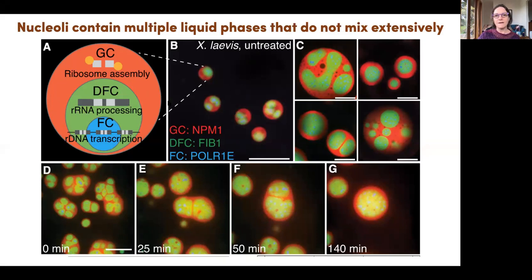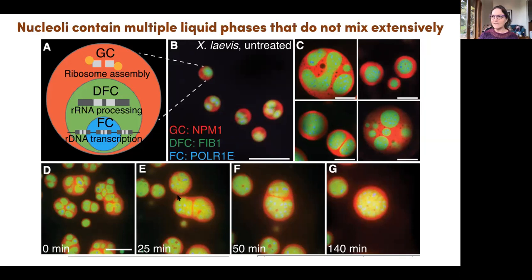There are multiple liquid phases within the nucleolus, and this paper just talks about the fact that they correspond to these regions that were previously identified based on their appearance by electron microscopy: the granular component and the dense fibrillar component. Different functions are known to be associated with different proteins, and we can see that they are physically compartmentalized within the nucleolus.